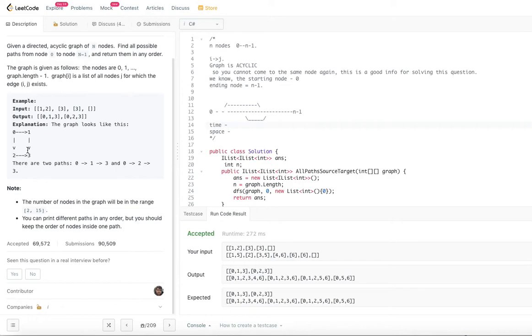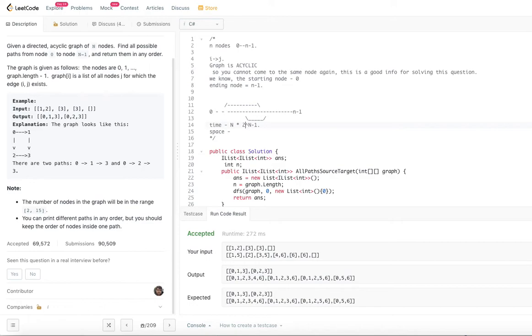But we have n nodes, which means the total complexity would be n into 2 power n minus 1. That will be the total time complexity.